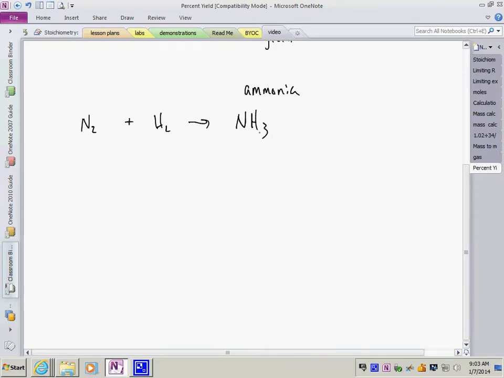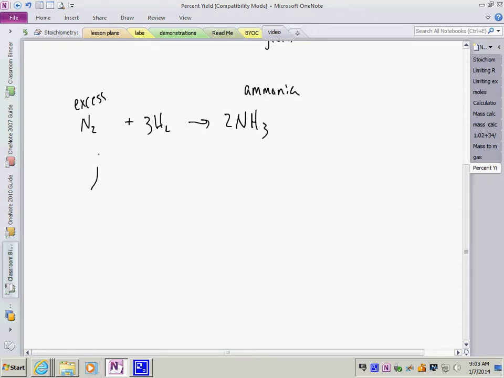Balancing wise, we'll need a 2 here. 2 times 3 is 6, and therefore this would be a 3 here. We're now balanced. Let's say the nitrogen gas is taken right out of the air, so this is in excess.